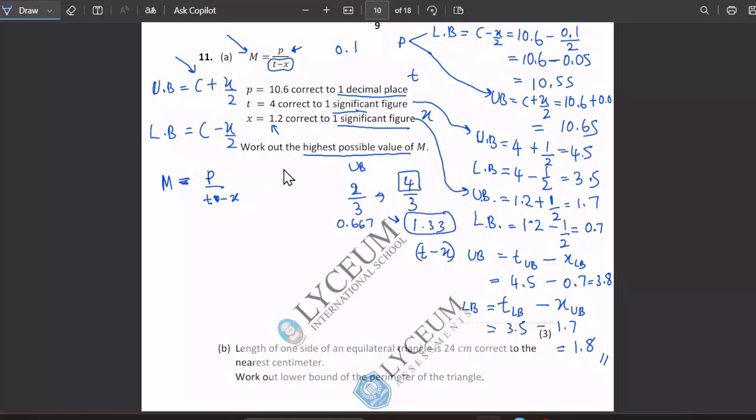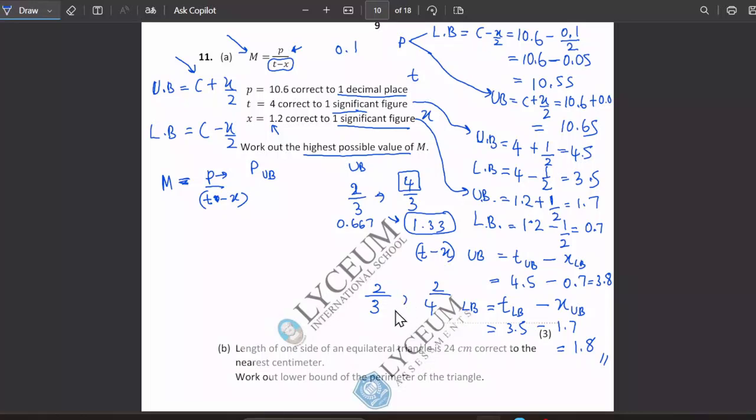So if we want to get the highest possible value for m, this p value should be higher. So we have to get p's upper bound. And then we have to consider t minus x.